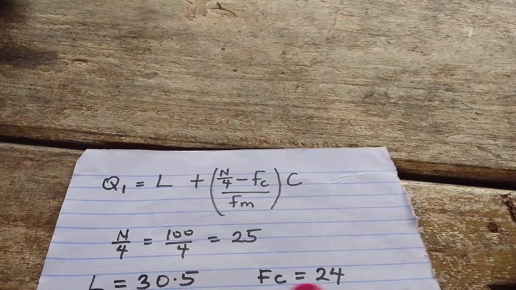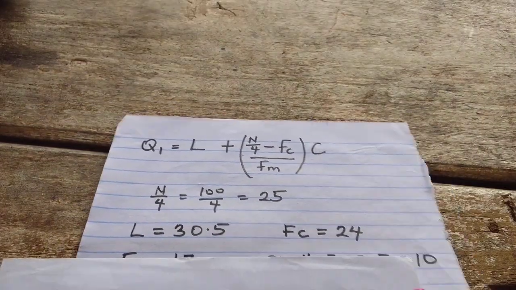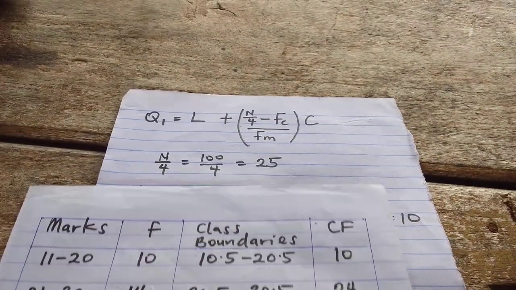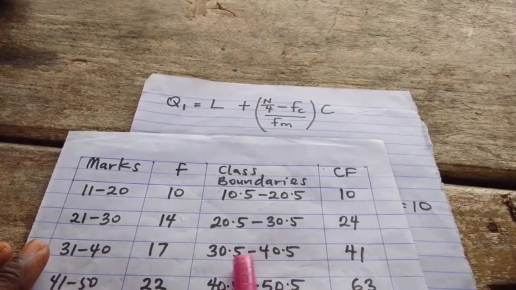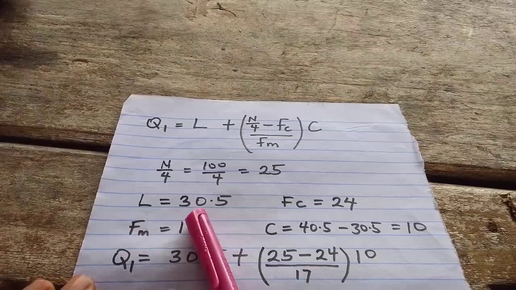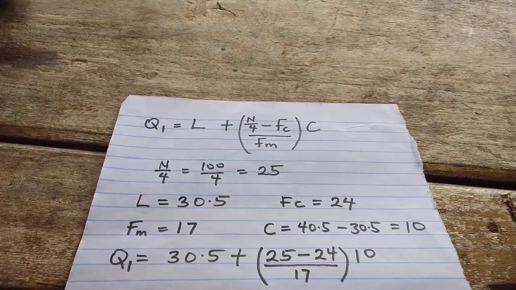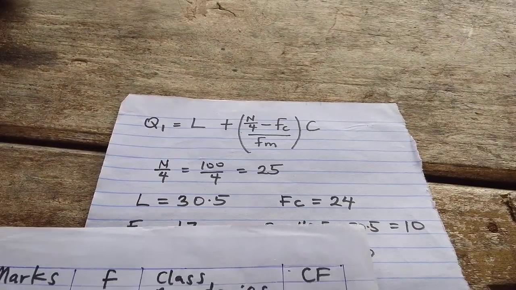So to now get the L, the lower boundary of the class containing the first quarter, you are going to get it here. The lower boundary here is 30.5, so our L here is 30.5. Also our FC is the cumulative frequency before the first quarter.